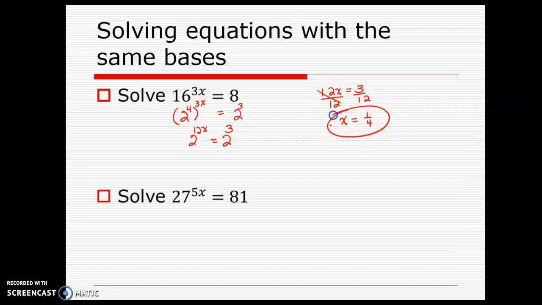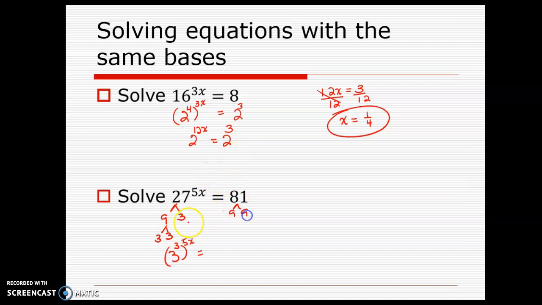All right. And the last one here. Break down 27, 9 times 3. Well, we just did that one on the last page too. So that is 3 cubed to the 5x. And 81 right there is 9 times 9.